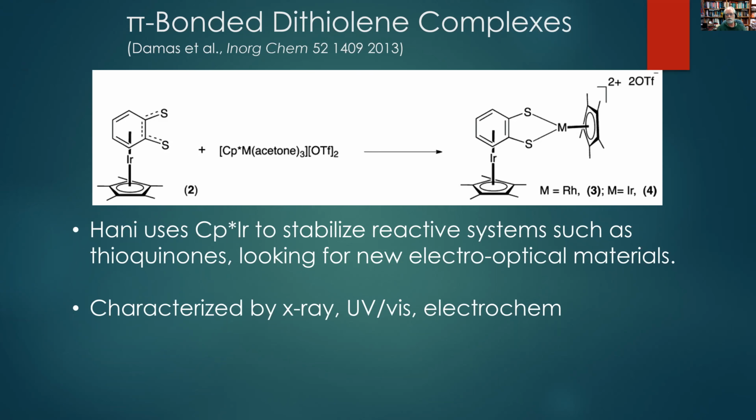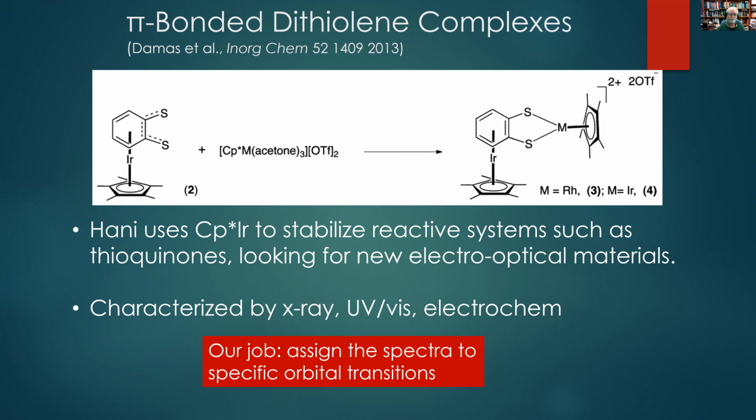And this then can be applied to molecular electronics or to new optical materials. He's characterized the structure using X-ray. He's got UV vis spectra, which will tell us about the electronic states of the molecule, particularly relevant when you're trying to look for electro-optical properties. And he's also measured some electrochemistry.